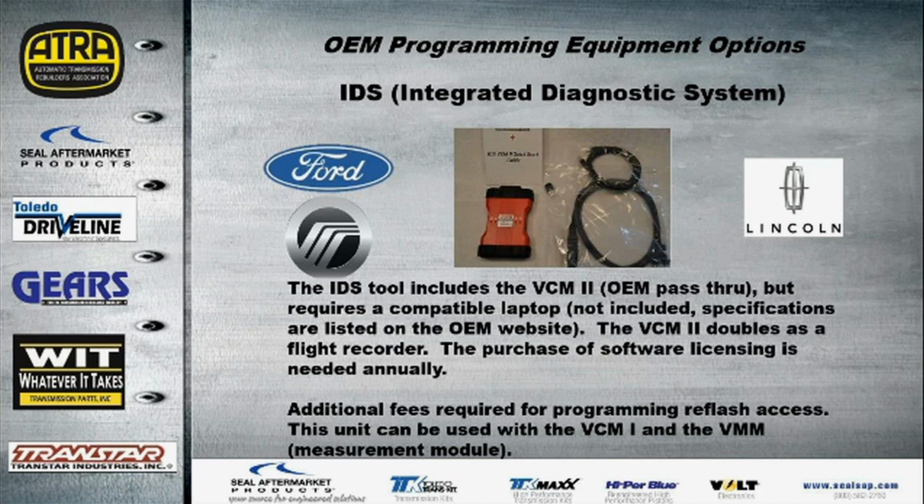It's a measurement module which will give you additional diagnostic capabilities on the IDS, and you can plug in scopes and meters and pressure sensors and things like that using this additional module. So you've got a very versatile tool, as well as scan capabilities incorporated in this, as with the other OEM tools. Again, there's quite a package with Ford.